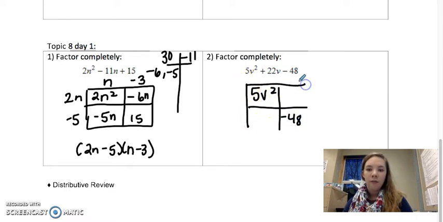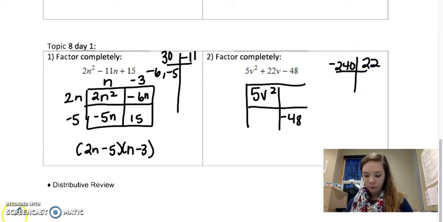So it looks like I want factors of negative 240 that would add to 22. Which, let's look.